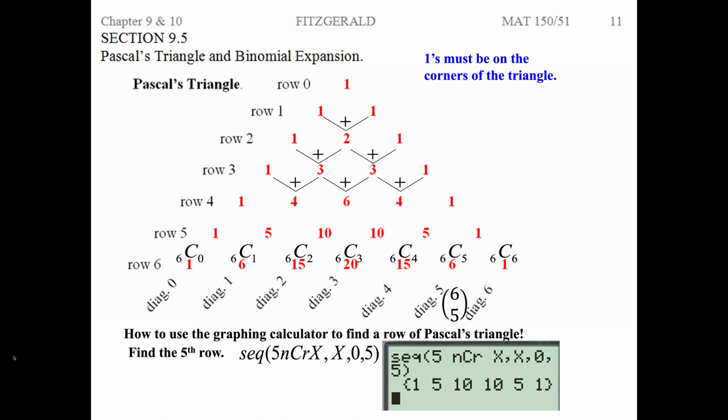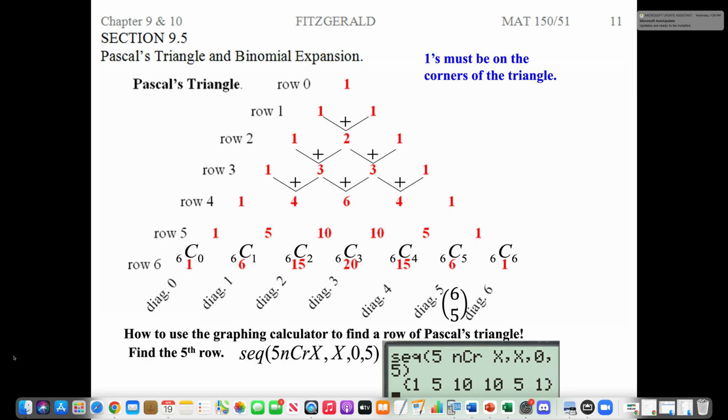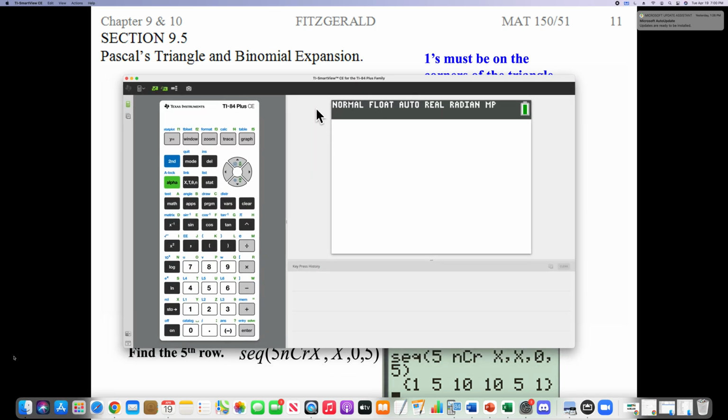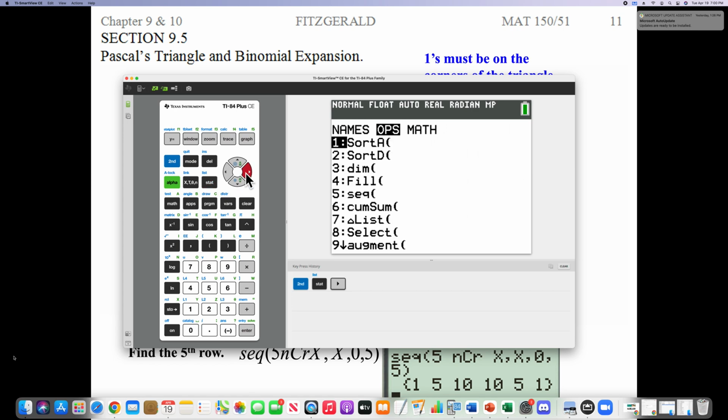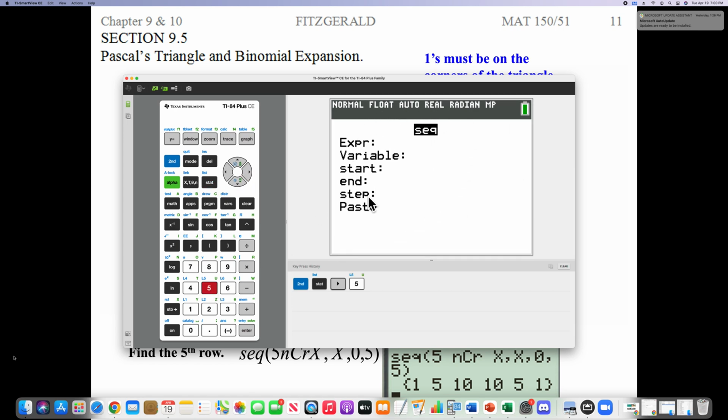All right, if it's the new calculator, let me bring mine in here. It's going to be second stat, ops number 5. That's my sequence command, but they give me this little window. So I'm going to type in 5. That's my n.